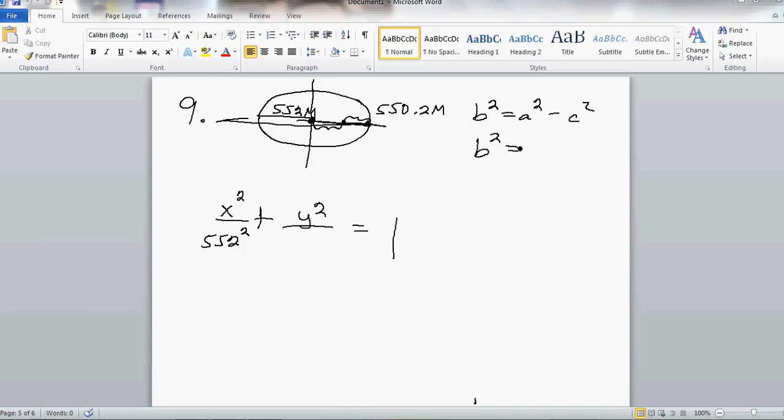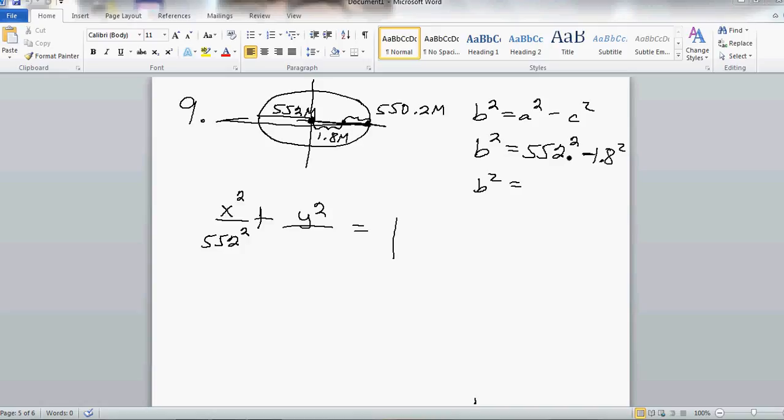b squared is equal to, well, we know a squared is equal to 552 squared, minus c squared. c is the distance from here to here. If it's 552 from the center out to here, and between here and here it's 550.2, then c has a value of 1.8 million, or 1.8 squared. So b squared will equal 552 squared.